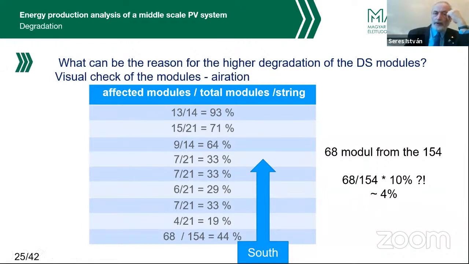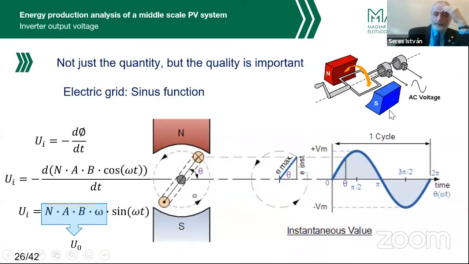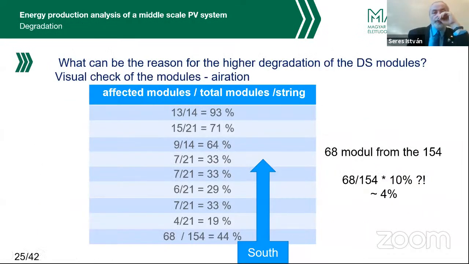So we were talking about what can be the reason for this, and we concluded that probably it is the wind direction in Hungary and in Gödöllő as well. The main wind direction is from the north, and as the wind is coming, in some cases we have quite strong wind.